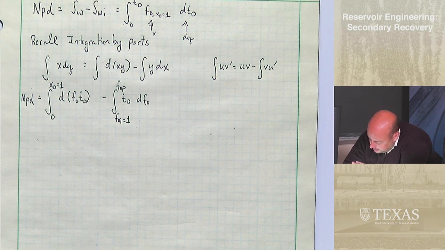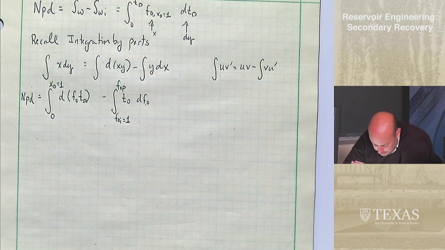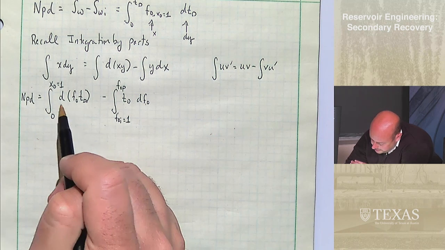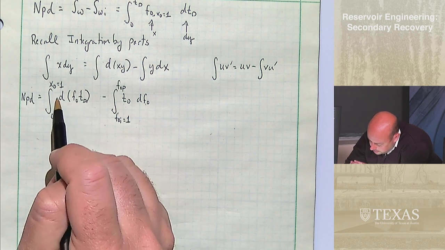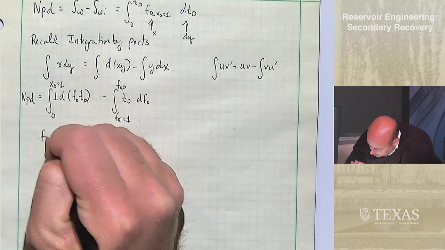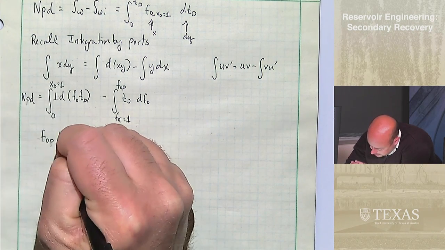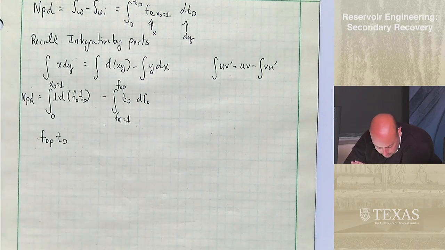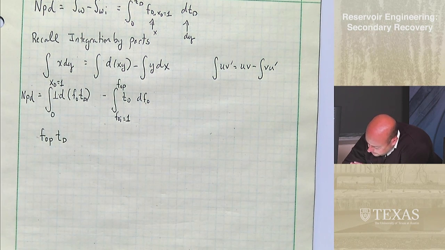Okay. So what do we do with this? Well, this integral is fairly simple. It's just 1 times that. So what you really get is FO at xd is equal to 1, which is FO at the producer well, times TD. That's that integral. This one's a little bit more tricky.